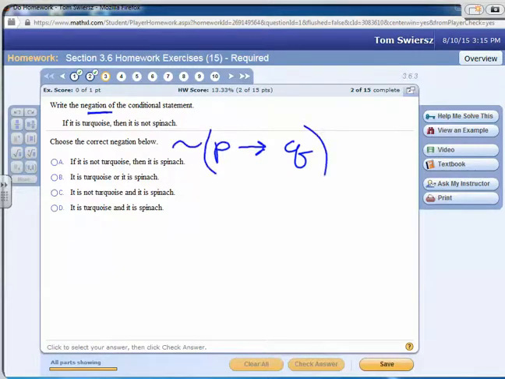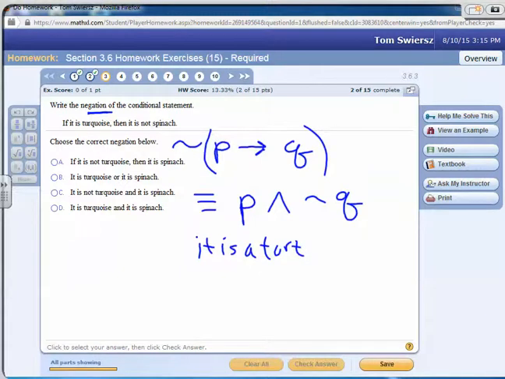You keep the antecedent the same, you change the if-then to an and, and you negate Q. So keeping the antecedent the same is it is a tortoise, and you negate Q. And remember now, Q has the not in it. Then it is not a spinach.